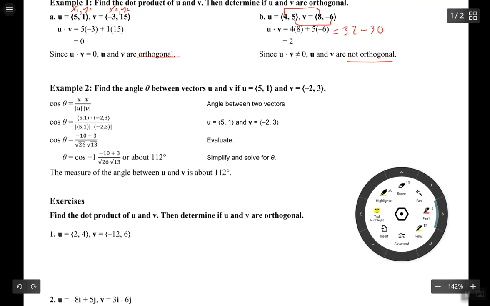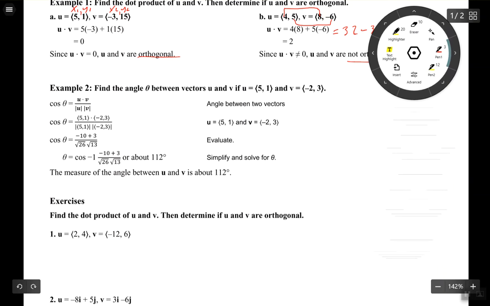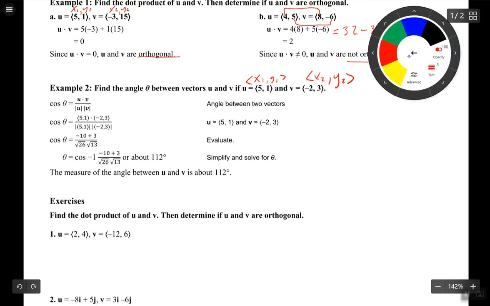All right. So on this one, remember that this is x1, y1. This is x2, y2. And we have to do the dot product, and we have to find the magnitude. So first we're going to do the dot product.